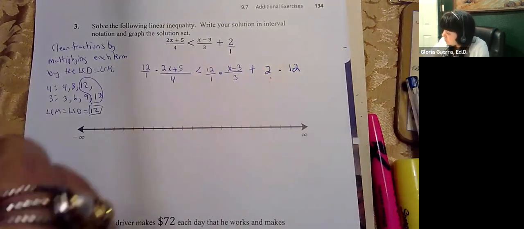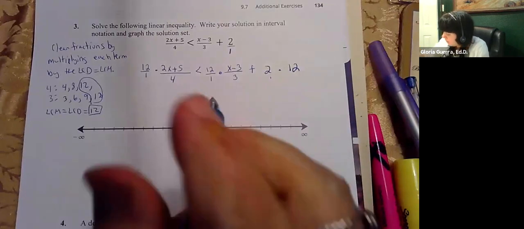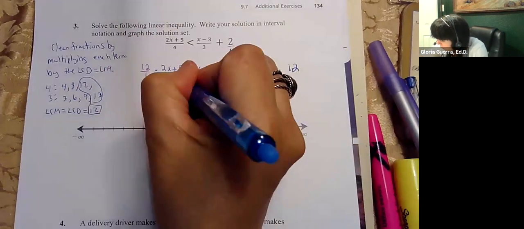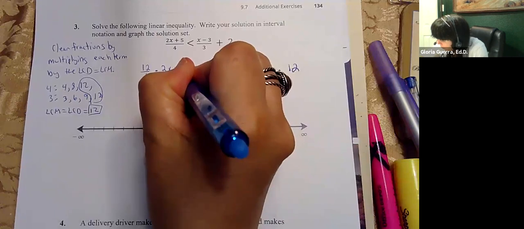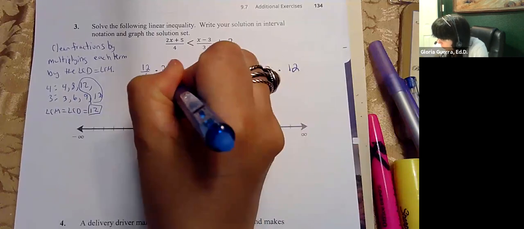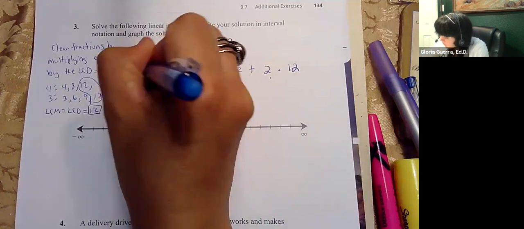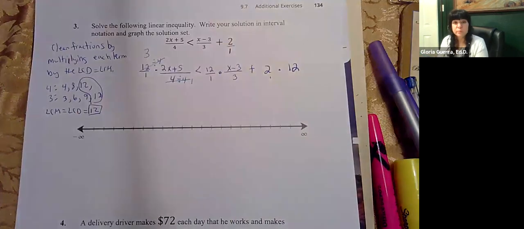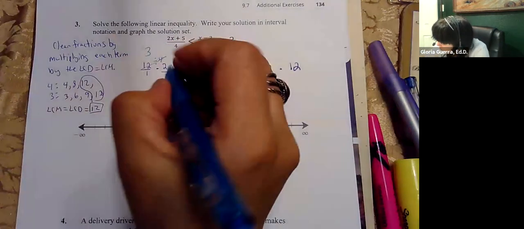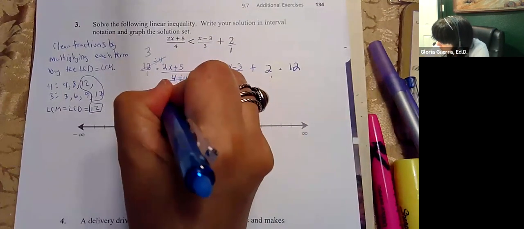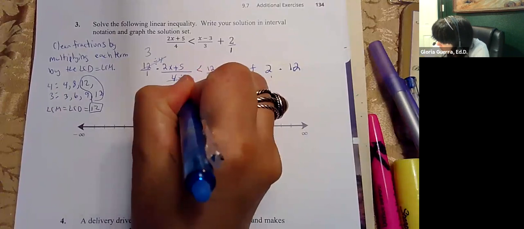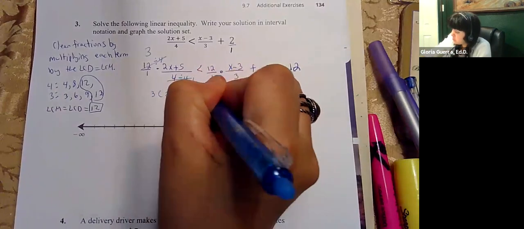Okay, so 4 goes into 4 one time. And 4 goes into 12 3 times. So now what you have left is 3 being multiplied with this binomial, so I need to put that in parentheses.